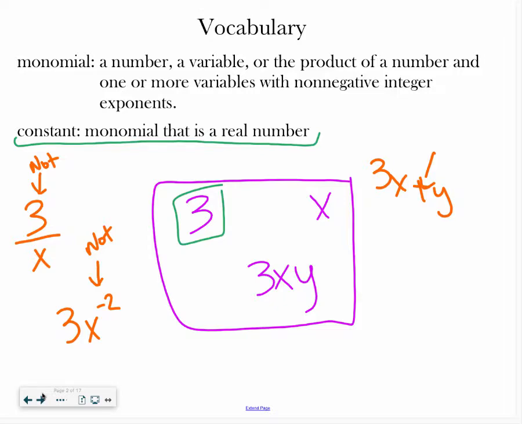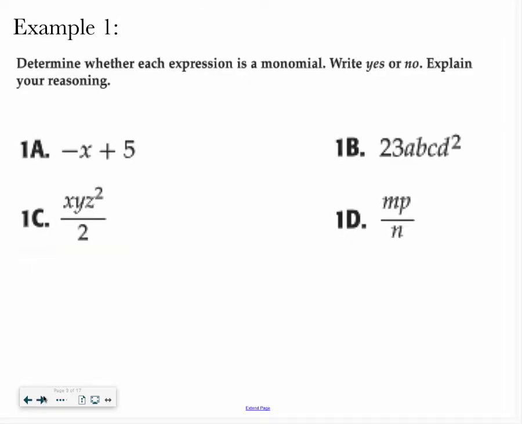Okay, let's look at our first example where we want to determine whether each expression is a monomial. Write yes or no, and then you need to explain your reasoning. So if we look at our first example, we have 1a, negative x plus 5. This is not a monomial because we are adding 2 different terms.